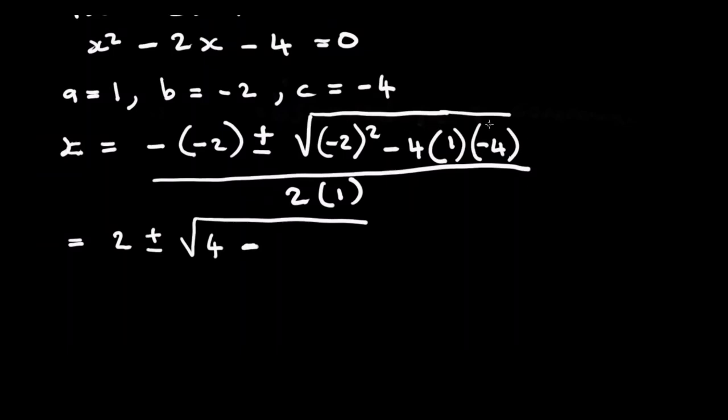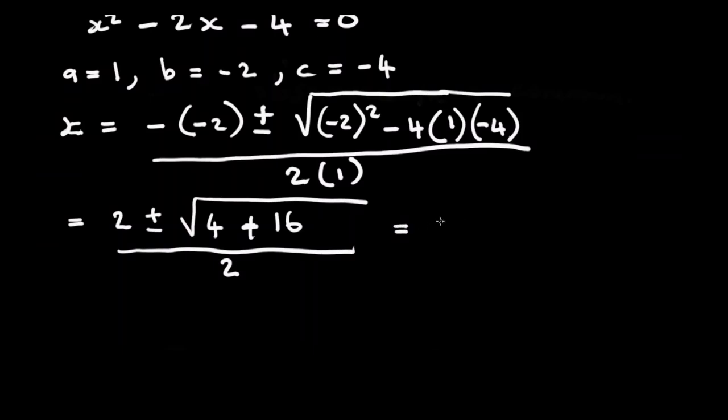Minus 4 times minus 4 is equal to 16. Since it's a negative multiplying a negative, here becomes plus 16, over 2 times 1, it's 2. So simplifying further, x is equal to 2 plus or minus the square root of 20 over 2.